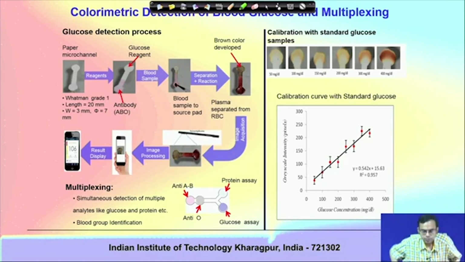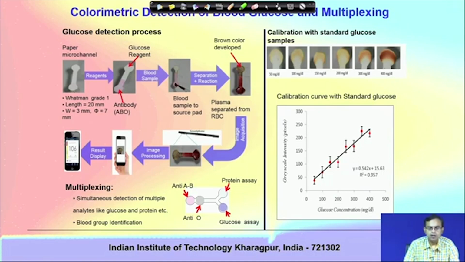Normally, not just for blood glucose detection but for any other detection process where the blood plasma is involved, the blood plasma has to be separated from the whole blood and then the analysis of the blood plasma is done.